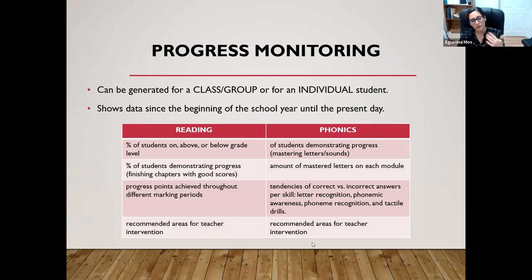And then you'll see also the recommended areas of teacher intervention, which will come from the same thing. We'll see what type of questions the students get right or wrong, usually, and group the students for you based on the skills that they struggle with. So let's see how to generate those, what they look like.